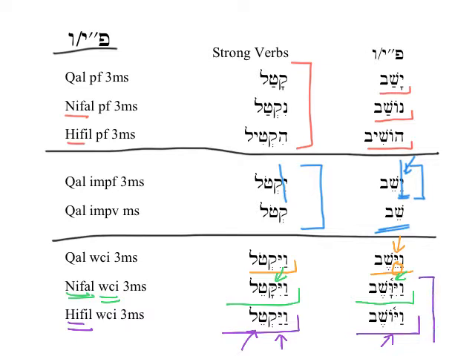So, a little getting used to, but keeping in mind maybe three things as takeaways from this overview is, remember the tsere under the prefix pronoun is in the kal a sign of a peh-yod verb, that the first root letter was yod, and that in the nifal and hifil, when the first root letter is a vav, that's where we see it as a vav, and only in the nifal and the hifil stems. And the difference between them can be seen by the nun assimilating or not.